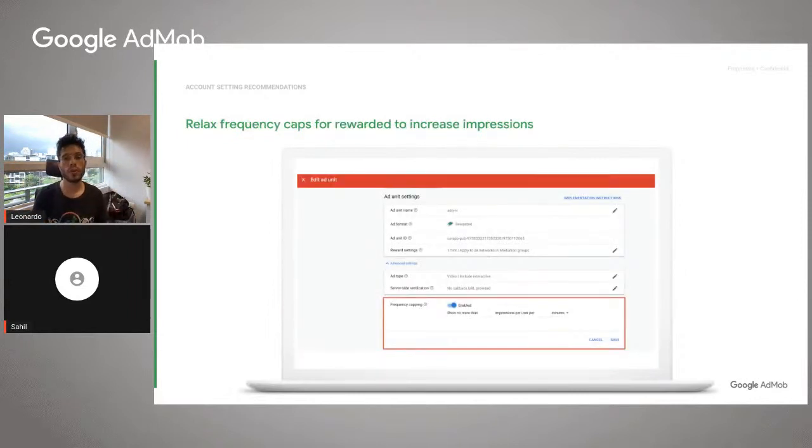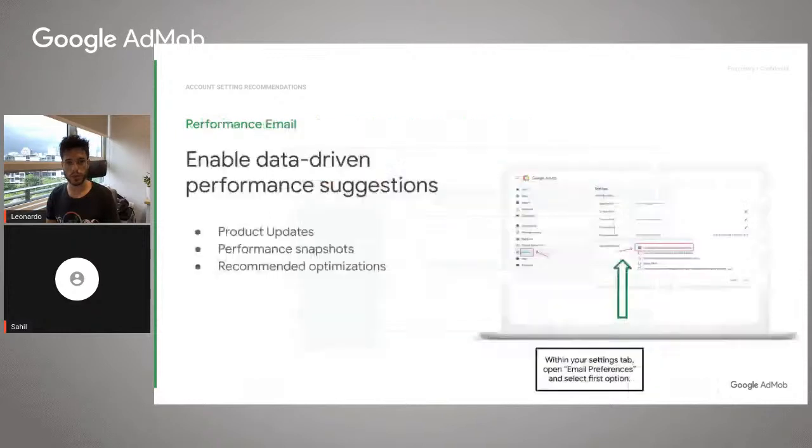Also, check your frequency caps for rewarded ads and relax them in order to increase impressions. As always, be mindful of your user experience. Also, if you want to be updated on product updates, performance snapshots, and recommended optimizations, please enable the data-driven performance suggestion option in your email preference section in your account.